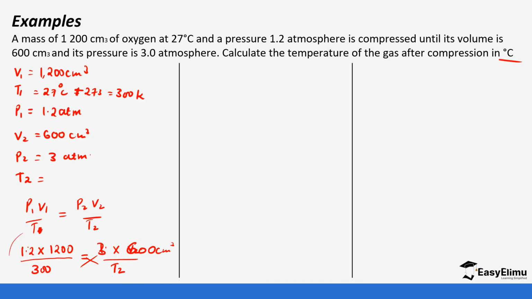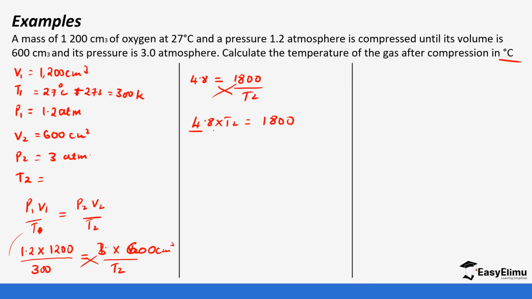So 1.2 times 1200 divided by 300 gives us 4.8, is equal to, if you multiply 3 times 600, you get 1800 over T2. So we want to be left with T2 on one side, so we will cross multiply, which will give us 4.8 times T2 is equal to 1800.